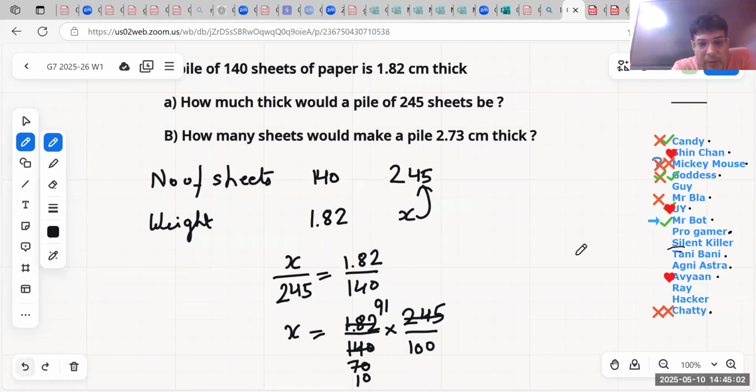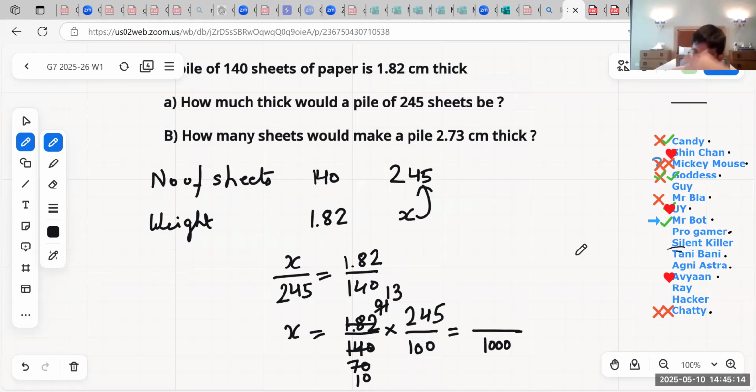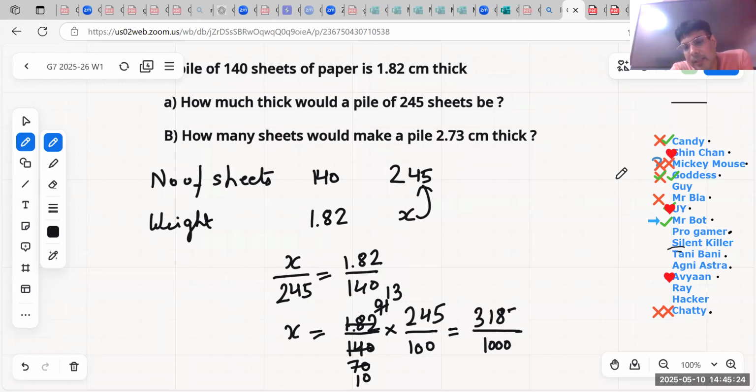I can try with 245 also. तो मैं 245, 91 को करूंगा. I will get how much? 13. तो बस 245 into 13 डिवाइड बाय 1000 कितना होगा? So the answer will be 3.185 centimeters.